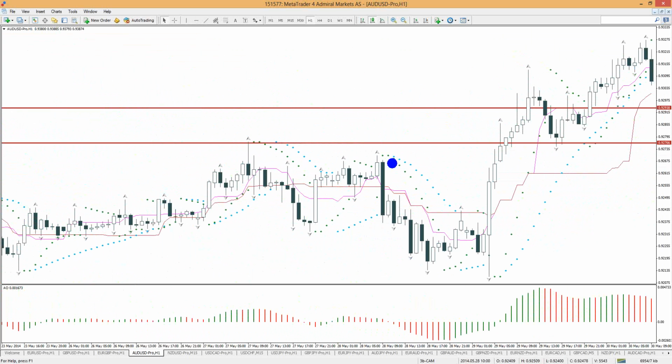Here, this one didn't do well, the hourly, because we had everything aligned. We had a bullish angle on the Tenkan very clearly. So this would have been a loss. That's clear.